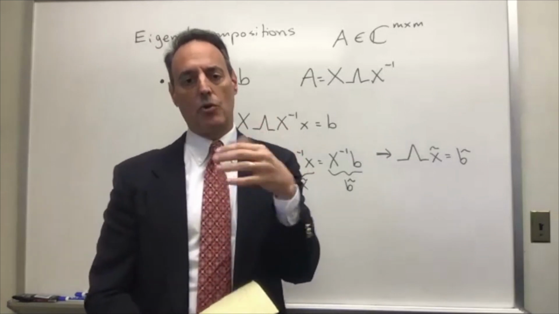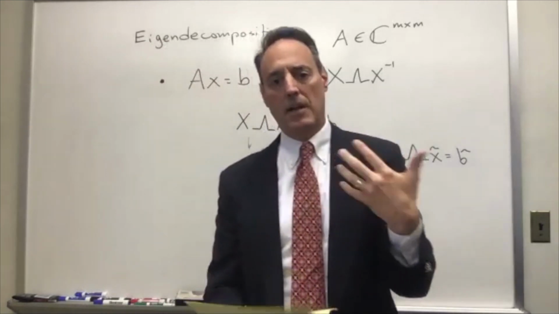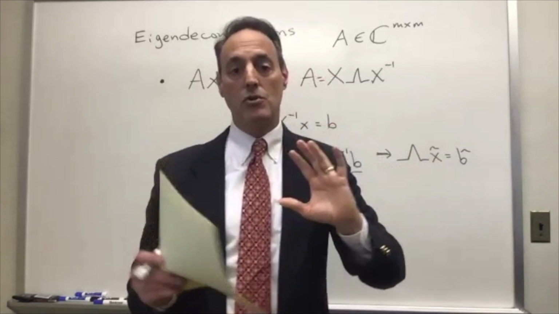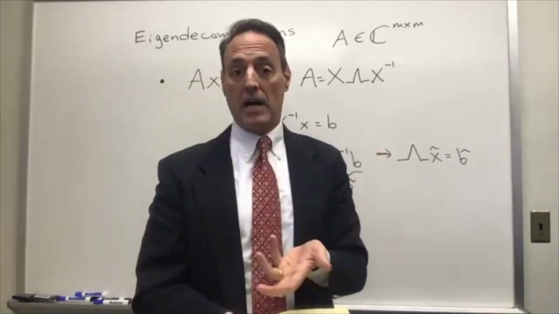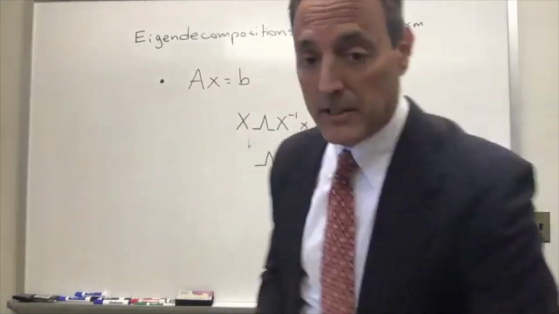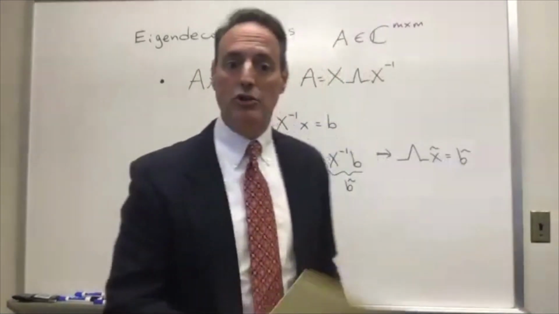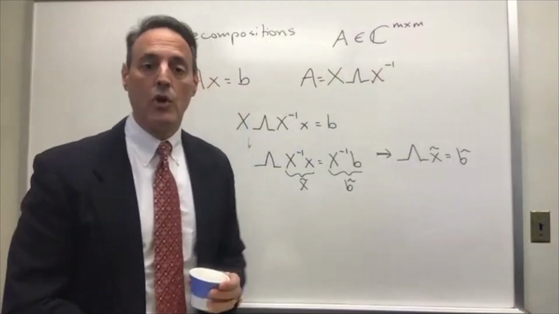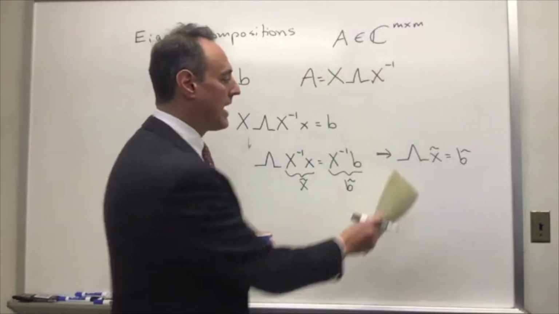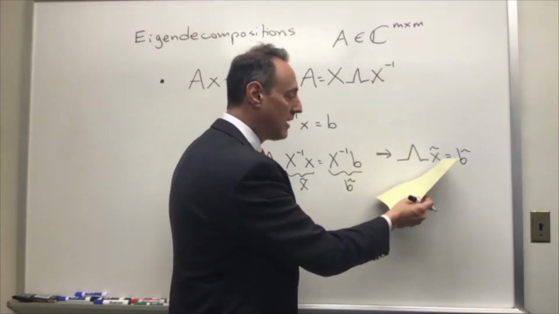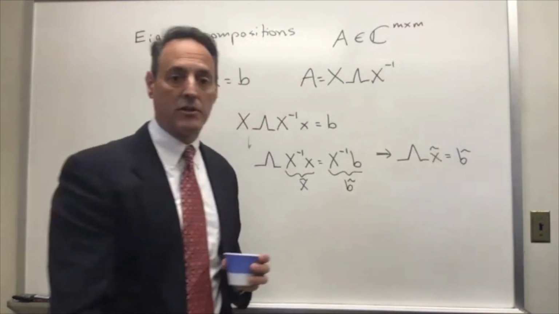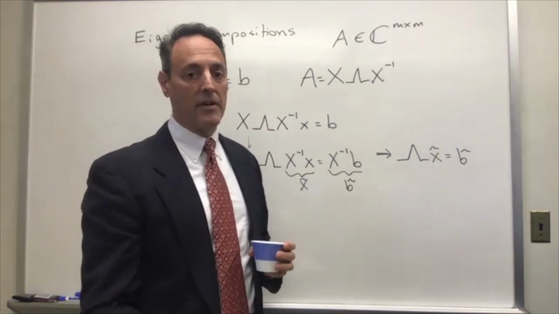And that's why it became so important in physics and physics types problems, because what it allowed you to do is essentially move into a coordinate system where everything was diagonal. That's why it's so important in physics, is that this allowed you to go into a coordinate system where everything decoupled. Everything's decoupled here because everything's along the diagonal. In other words, every single component of that vector is independent of every other component.